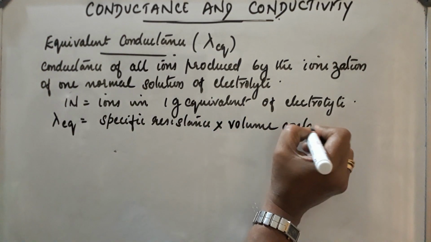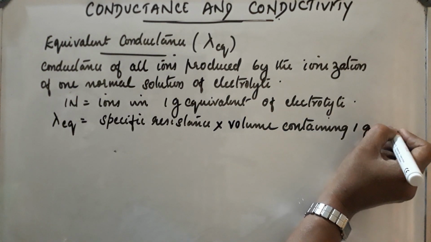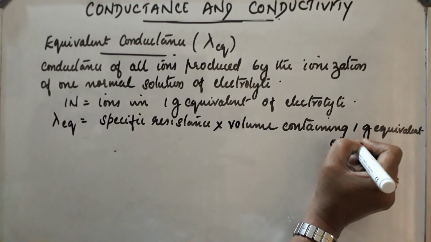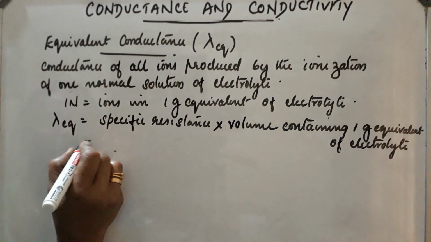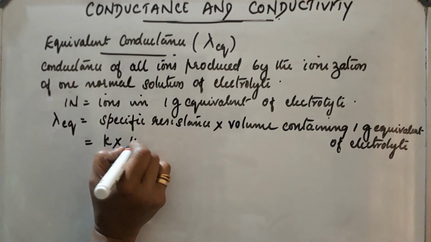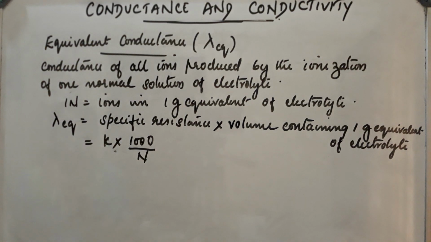This is equal to kappa into 1000 by normality. Instead of molarity as in molar conductance, here it is normality of the solution.